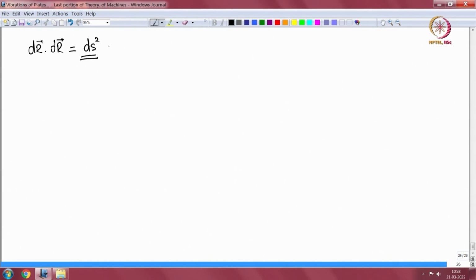Okay, which is equal to A1 squared into 1 plus alpha 3 by R1 whole squared d alpha 1 squared, plus A2 squared into 1 plus alpha 3 by R2 whole squared d alpha 2 squared, plus d alpha 3 squared.